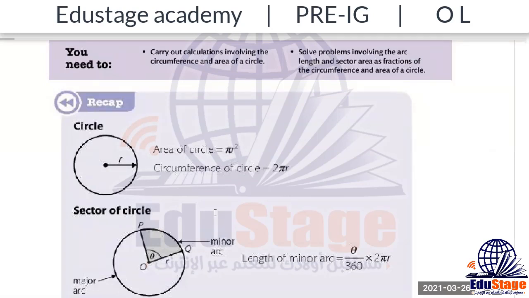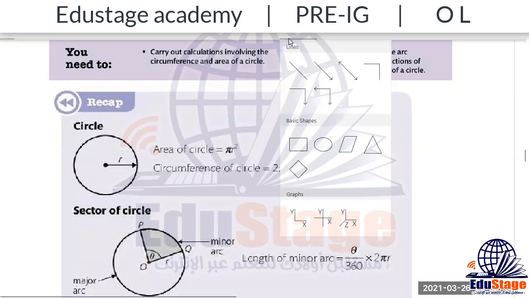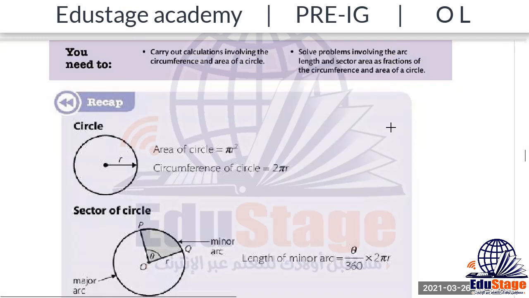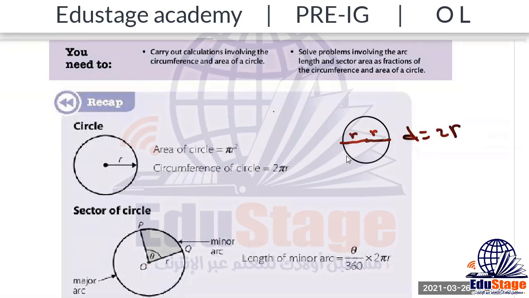You know the circle, and you know also in the circle you have the radius and the diameter. Yes? Here, in the circle, this is the center and this is the radius, and from here to here is the diameter, so R and R, so the diameter equals 2R. Yes?